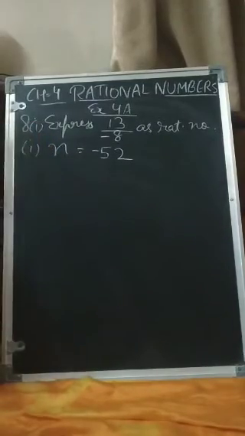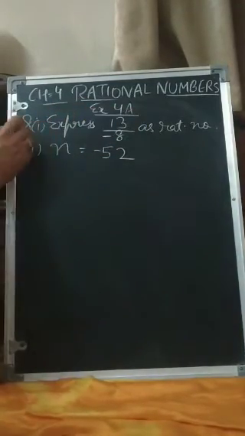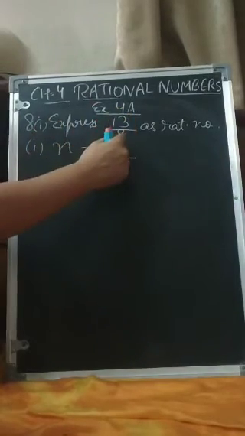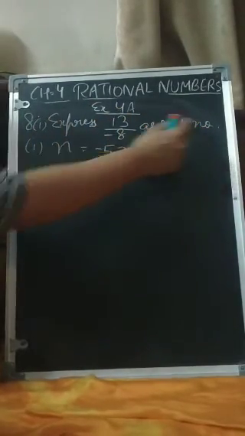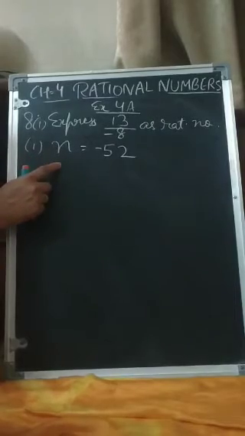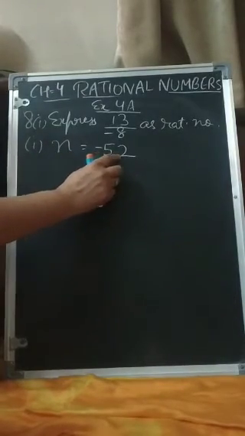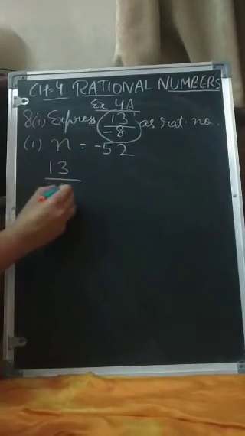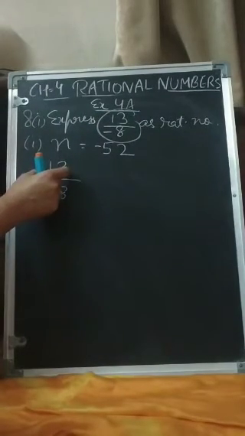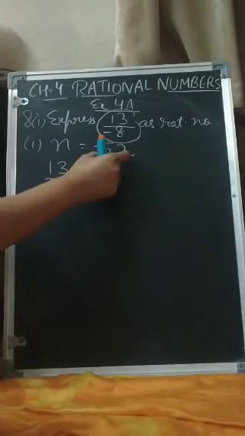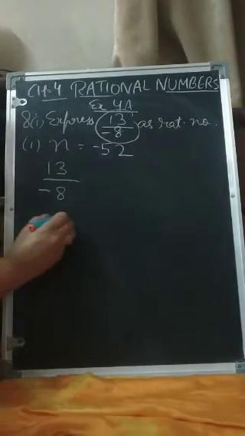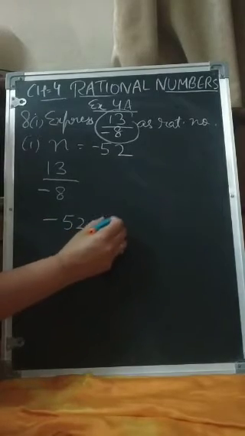Now you can see our 8th question of exercise 4. In this type of question we express this rational number as another rational number so that the numerator should come minus 52. So 13 over minus 8: with which number should we multiply the numerator so that minus 52 comes? If you don't know, we can do minus 52 divided by 13.